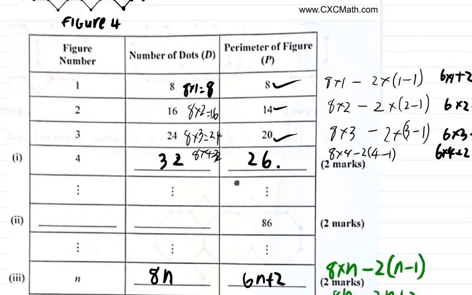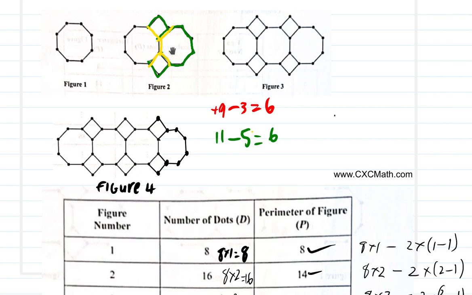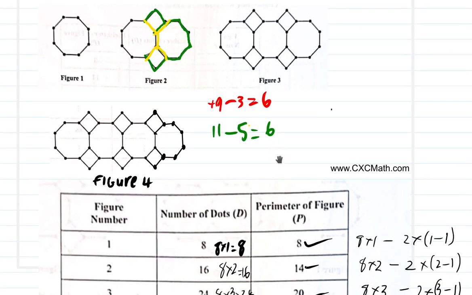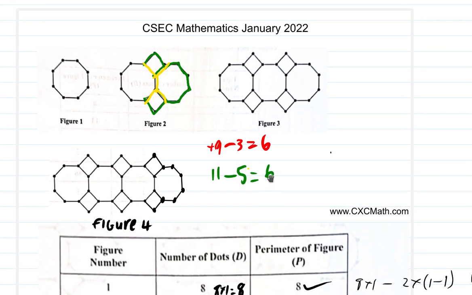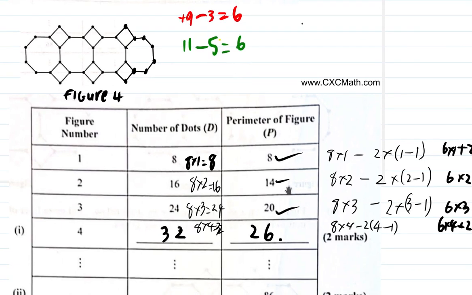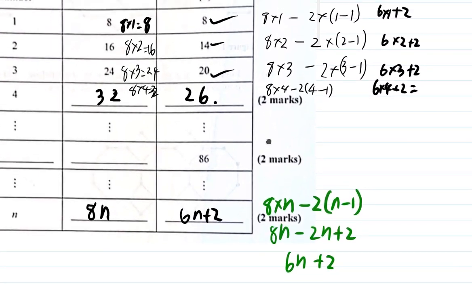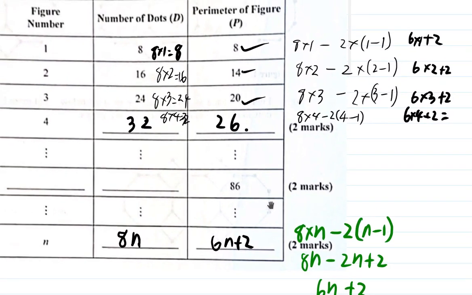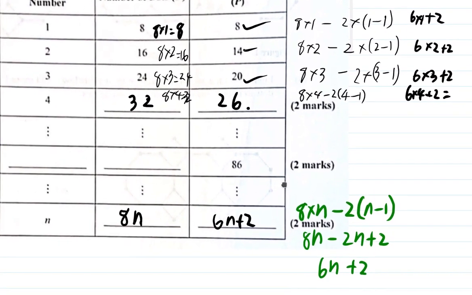Because it's important to understand what is really happening here, how they get these numbers and these parameters, these numbers for number of dots, these numbers for perimeter. So when they come with another shape, you can better understand it. But anyway, you want this part of the question worked out.